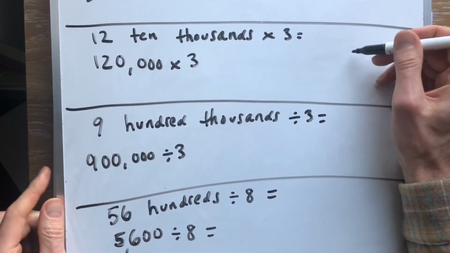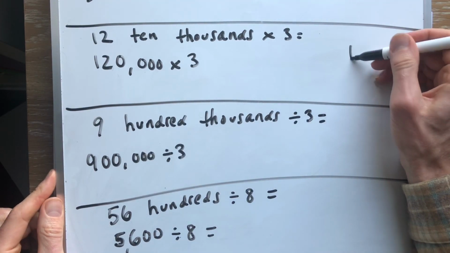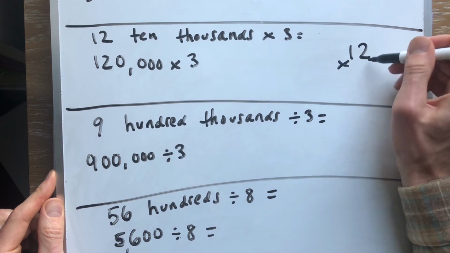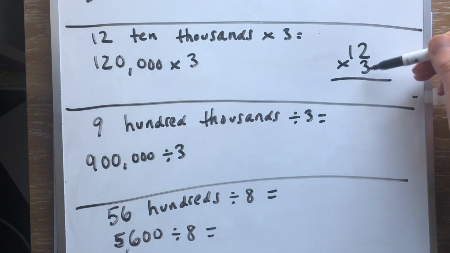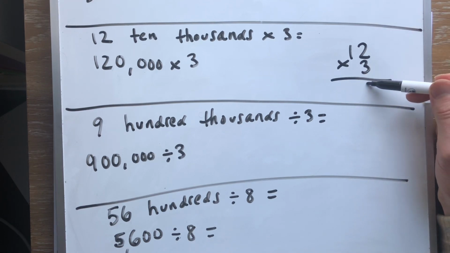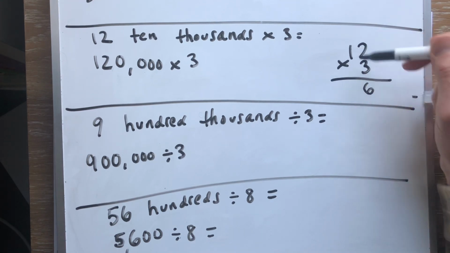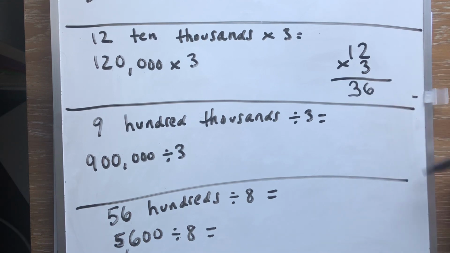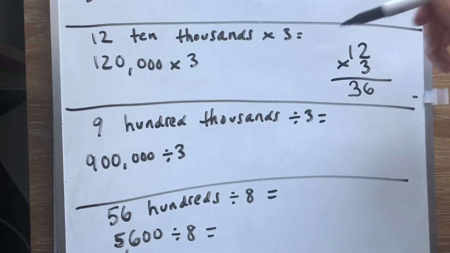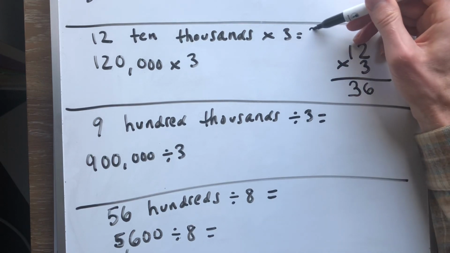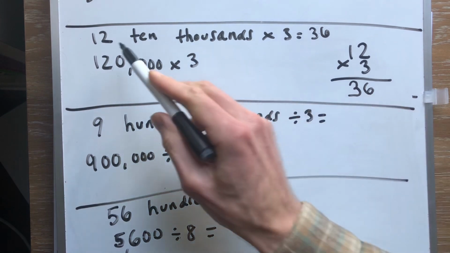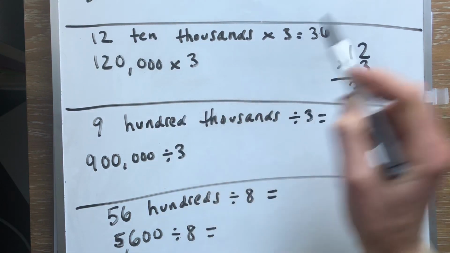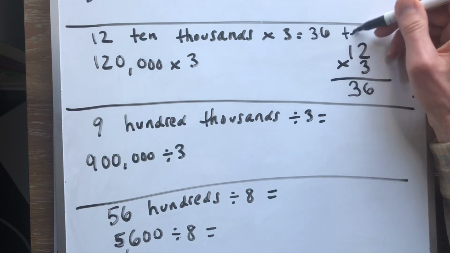If you're not sure, just line it up. 3 times 2 is 6. 3 times 1 is 3. 36. That's fast. 12 times 3 is 36. So 12 10 thousands times 3 is 36 10 thousands.